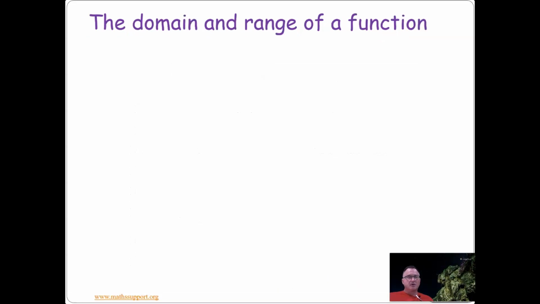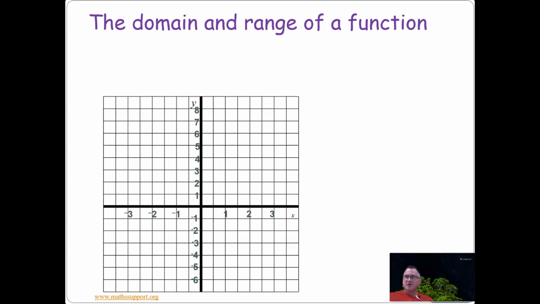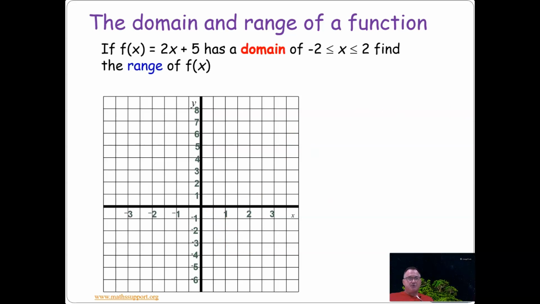All right, so here's a function. We want to write the domain and the range. Okay, so there's the line 2x plus 5. It's got a y-intercept of 5, and its slope is 2 up, 1 right.